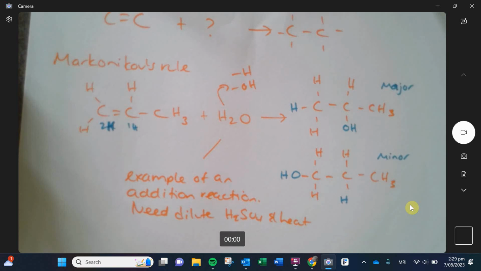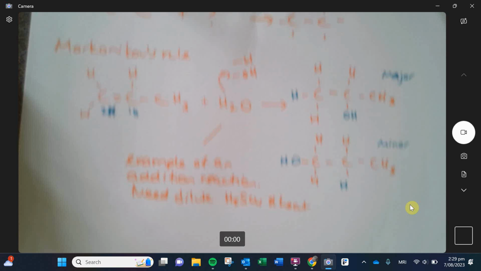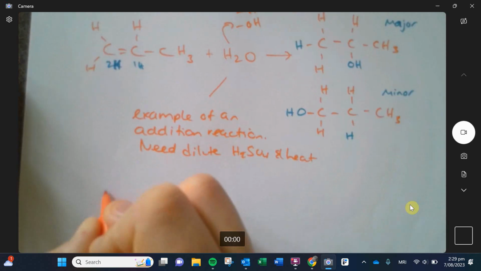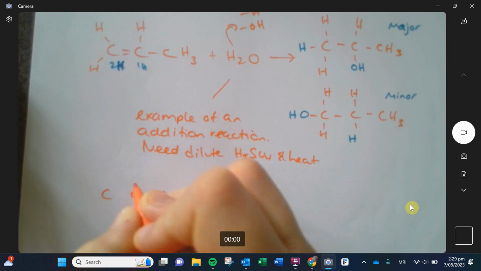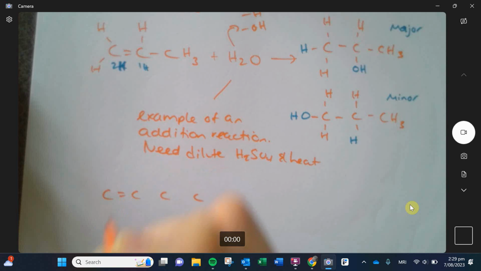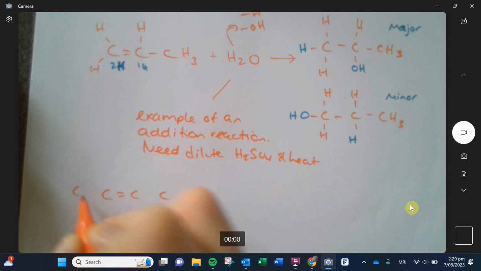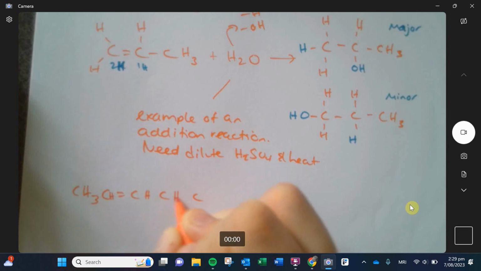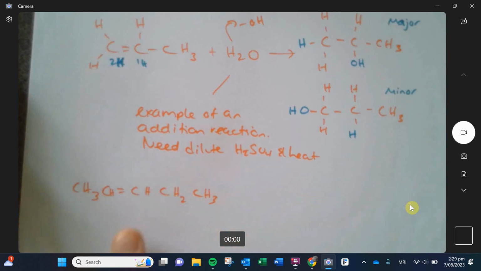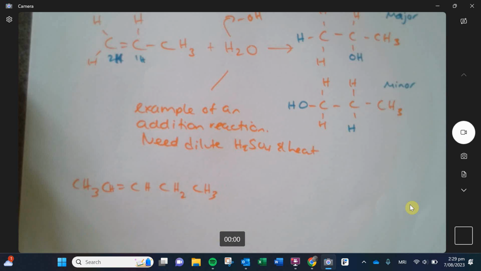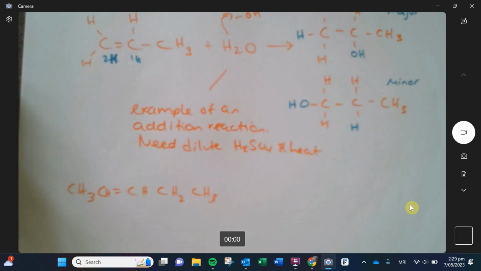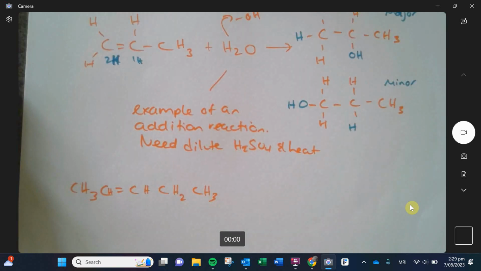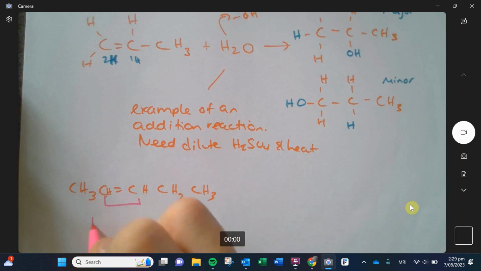Just as a side note, say the double bond is here. If I have a carbon molecule, this is my double bond, right here. Both of these carbons only have one hydrogen.